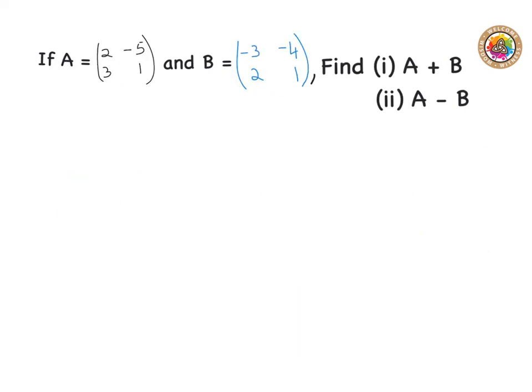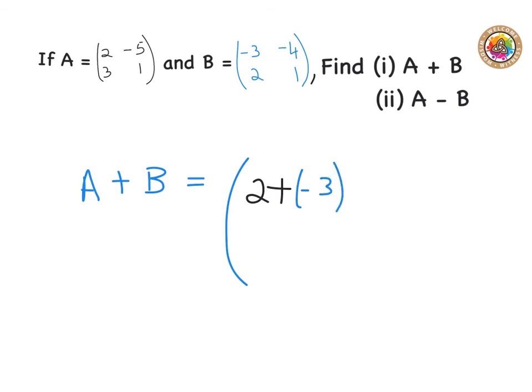Okay, so here we have two matrices again. This time we have some with negative numbers. So here we're told A is equal to 2, minus 5, 3, 1, and B is equal to minus 3, minus 4, 2, 1, and we're asked to find A plus B. So beginning here, I'm going to say that's 2 plus, keep our plus sign there, and that's minus 3.